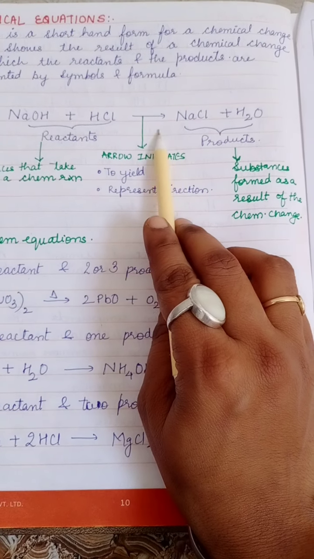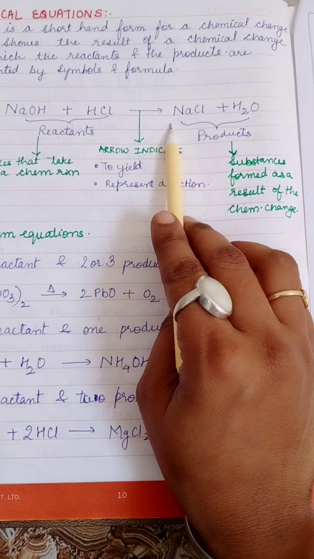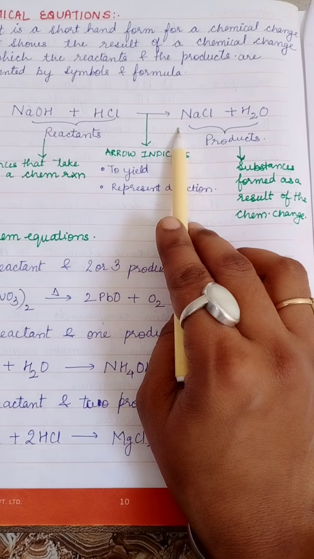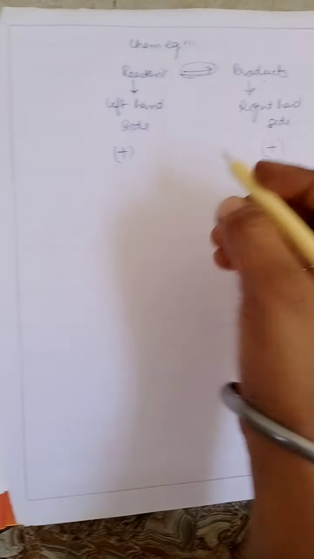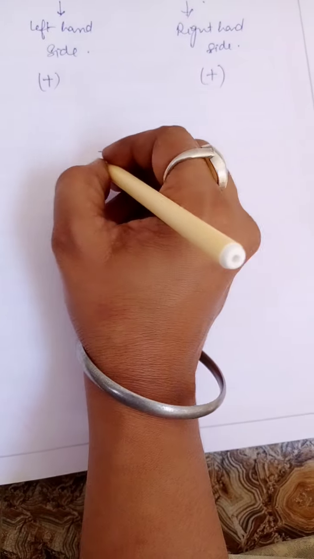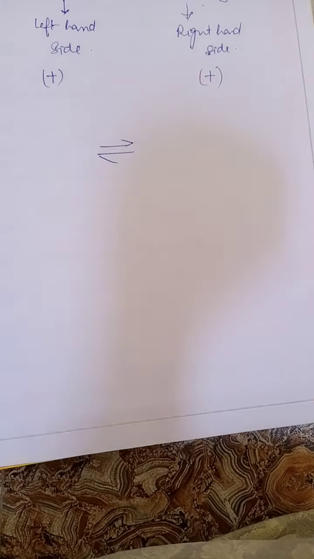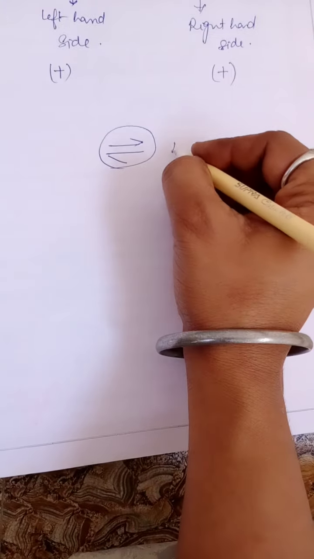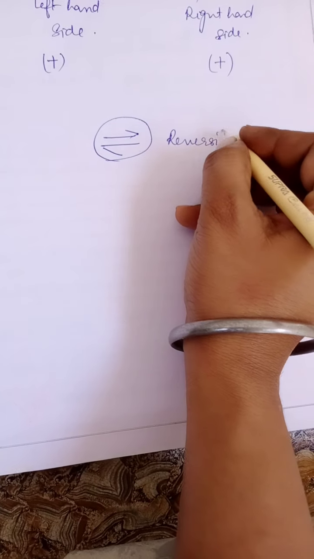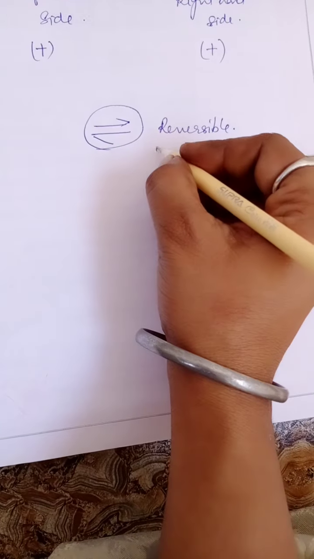This is a single headed arrow. That means it represents the forward direction. Instead, there are some reactions where you will observe double headed arrows this way. This is a reaction which is reversible, and it has two directions.